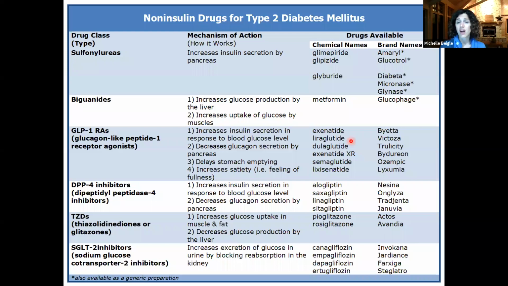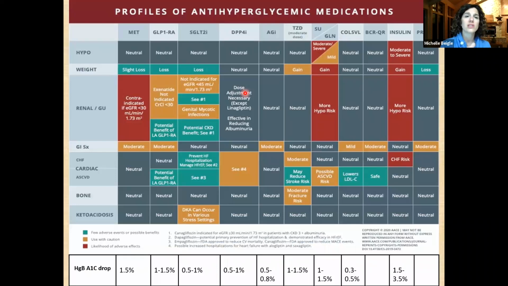So if you have an obese individual who's diabetic, this might be something that you want to consider after you put them on metformin if their hemoglobin A1C is not within goal. You can see that there's a potential benefit in the renal department, particularly with these long-acting GLP-1s, so these weekly GLP-1s.